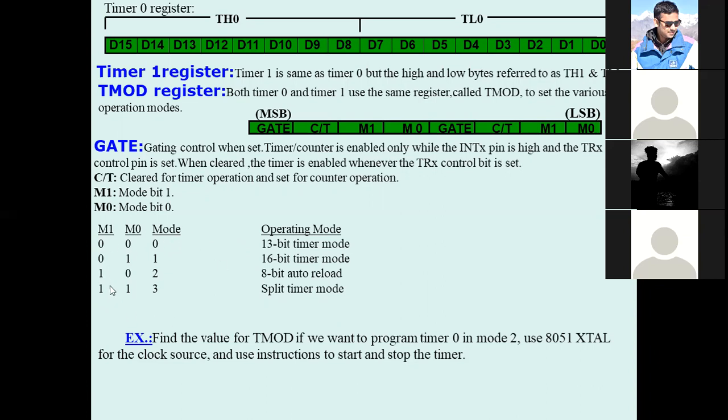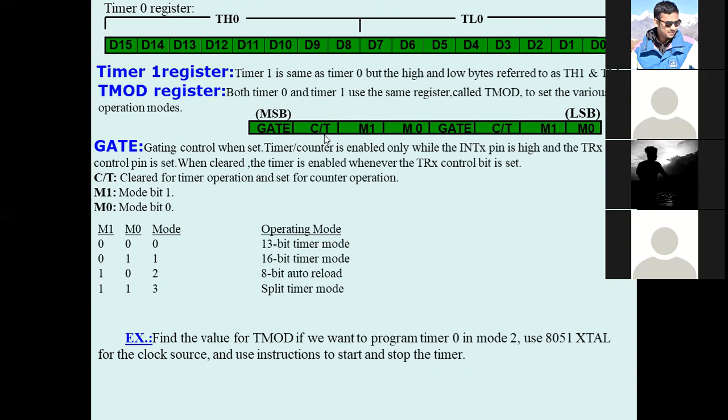There are four modes available in the 8051 microcontroller: timer mode, timer counter mode. There we can see mode 0, that is 13-bit timer mode, mode 1, 16-bit timer mode, mode 2, that is 8-bit auto reload mode, and mode 3 is the split timer mode.